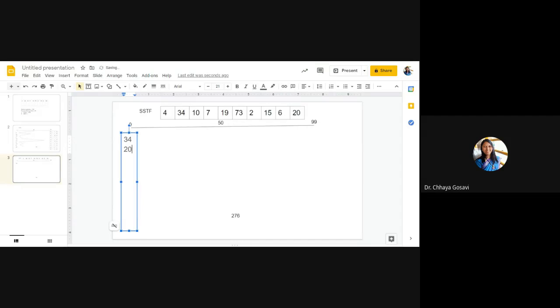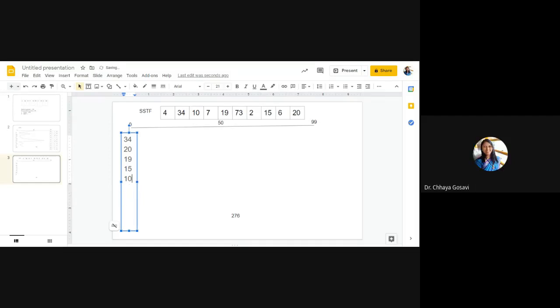So next is 20. Then from 20 to 19, 19 to 15, 15 to 10, 10 to 6, then 4, then 2, sorry.